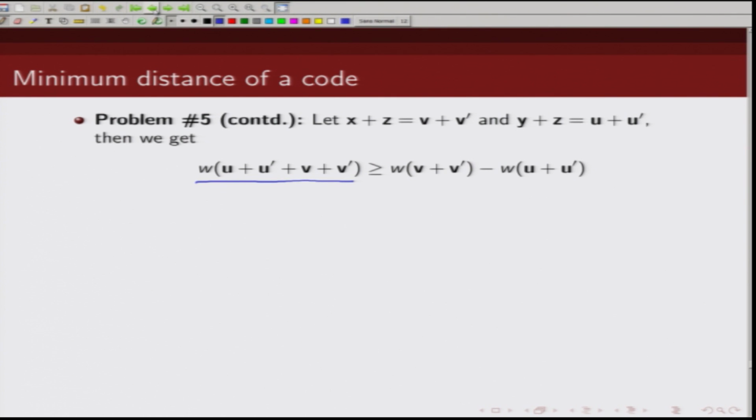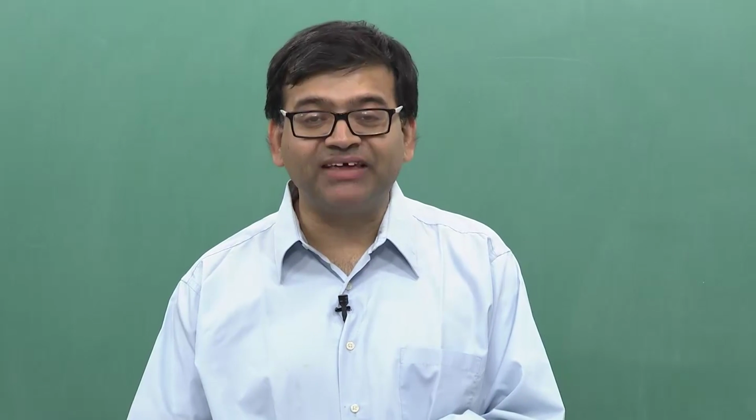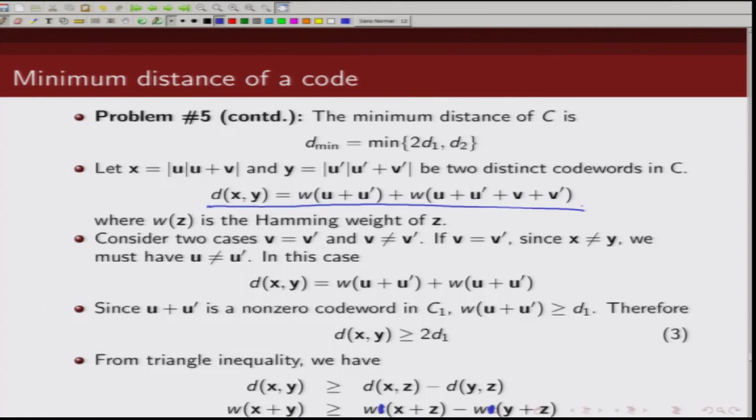Now, go back and see what our minimum distance between x and y is. The distance between x and y is given by this expression: the Hamming weight of u plus u prime, plus the Hamming weight of u plus u prime plus v prime. And what we did just now is we lower bounded this.